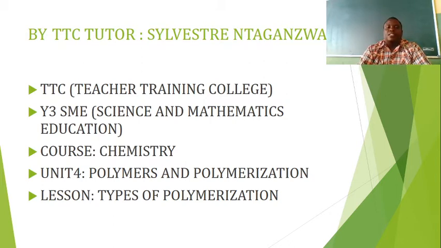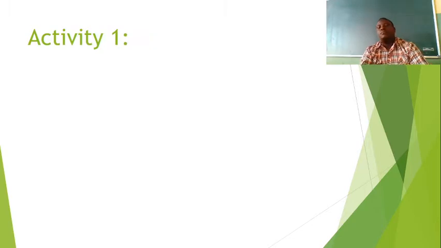Because I discussed the last time about polymers, about monomers, and about polymerization. Now I'm going to proceed. In order to have a polymer, we pass through a process called polymerization.